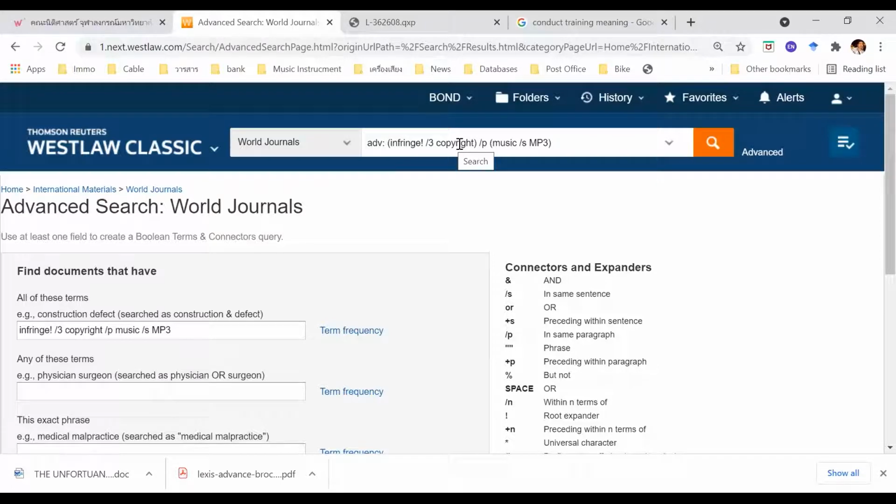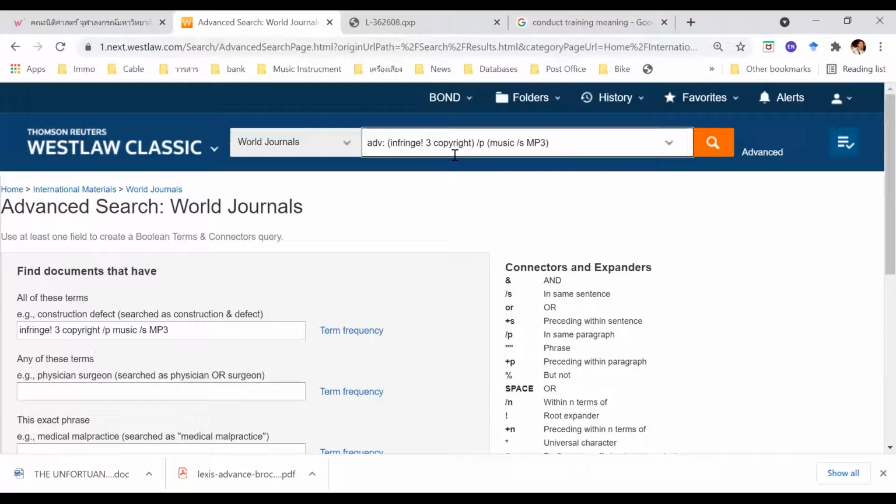So you want to control the word order. Don't let copyright come first. The infring has to come first before copyright. I mean, the word order is very important for you. You just change to +3. +3 means you control the word order. You want a specific order. Don't change the order of the words.